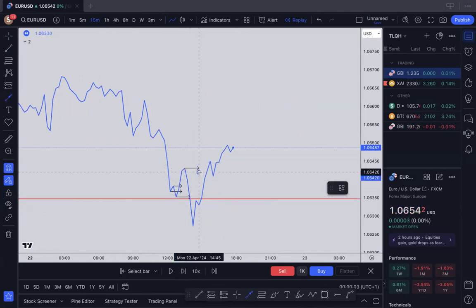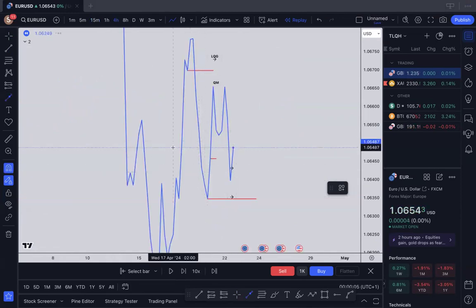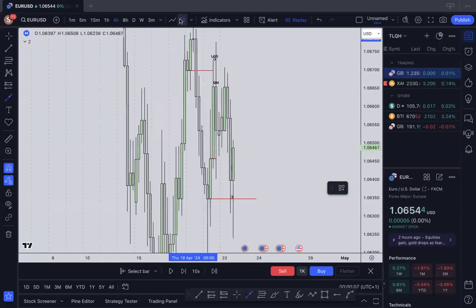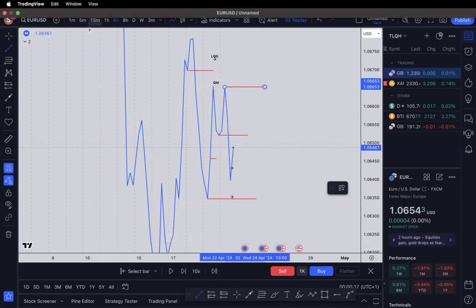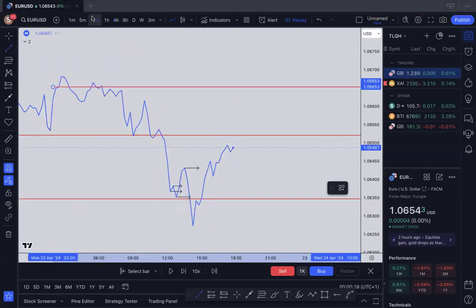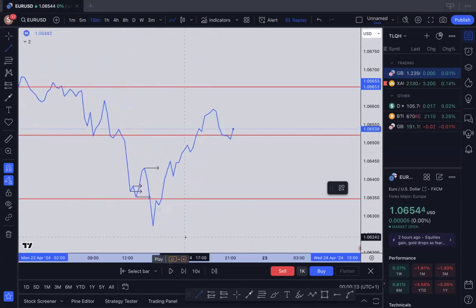You can see that we should hopefully now go up to the next H4 level, which in my opinion, if we go down to here, is either this one or this one up here. So now we'll just be on the 15-minute, waiting for that all important QM. Okay, so we get this QM here.